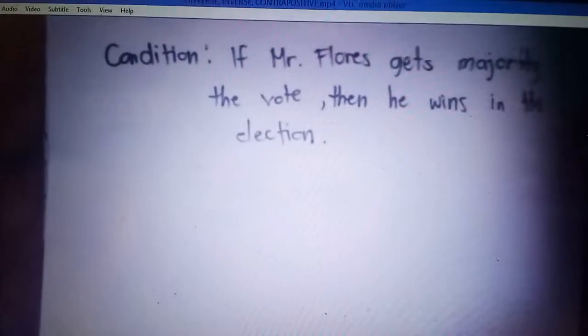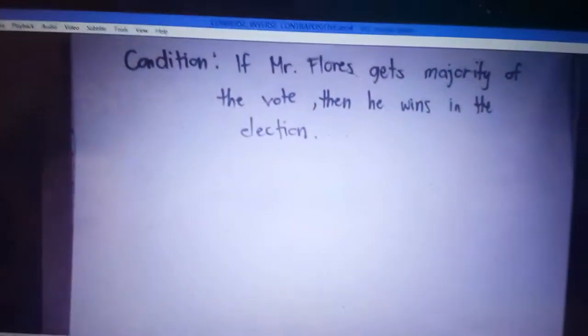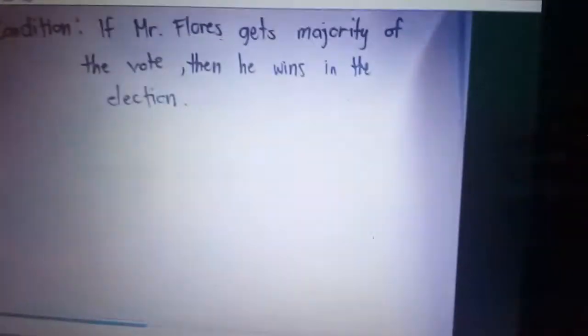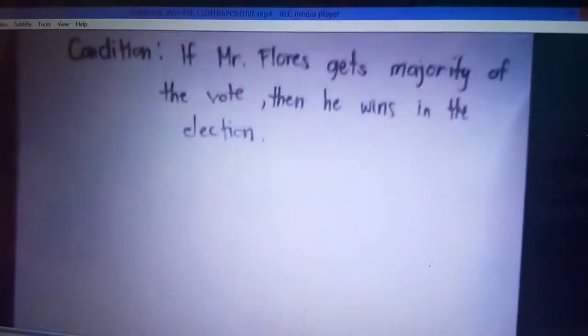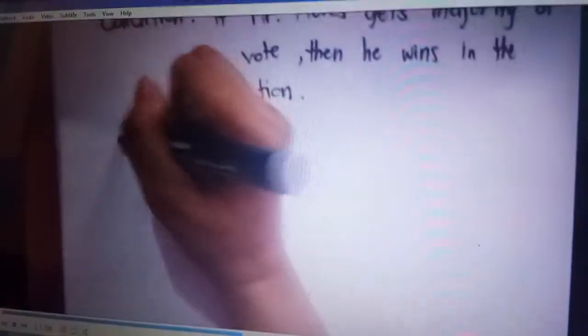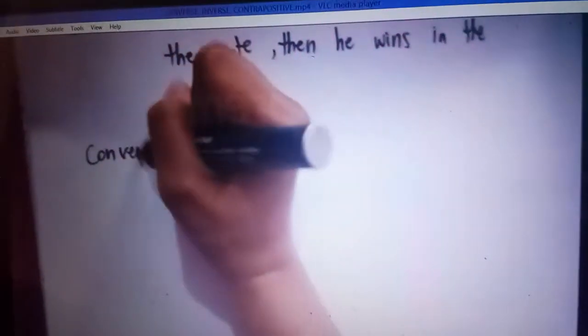So this is the statement in the first problem that we have in the first slide, right? The conditional we have is: if Mr. Flores gets majority of the vote, then he wins in the election. We're going to find the converse of this statement.